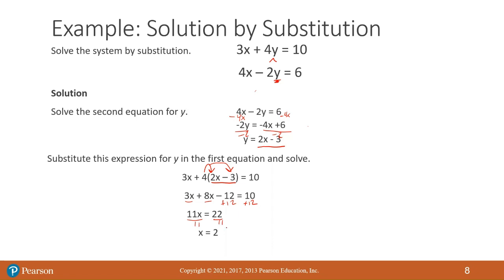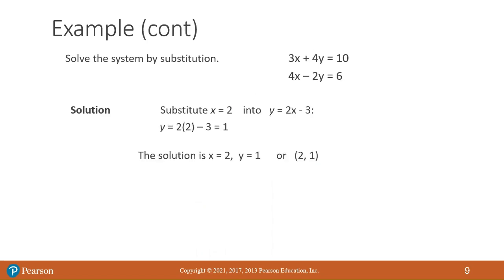Once I have determined that x is 2, now all I have to do is go back into either of the equations above and plug that 2 in to solve for the y. The easiest thing to do is I already have solved one of those equations for y right here. So I could just plug x into the piece that I've already solved for.